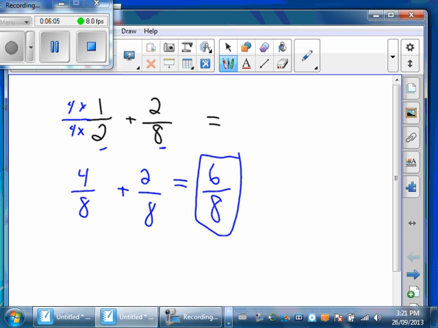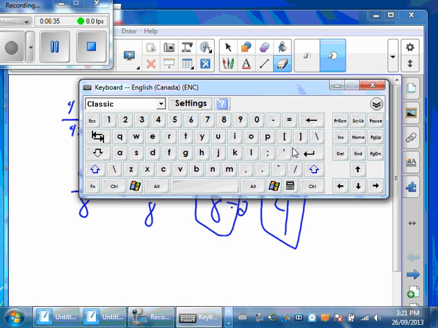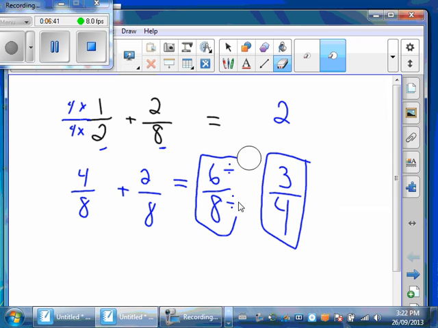The divisibility rule of 2 says that any even number will divide evenly. 2 will definitely divide into 6, and 8 will definitely divide by 2. So let's say 6 divided by 2 and 8 divided by 2, and we get 3 over 4. So 3 over 4 is actually equal to 6 over 8.